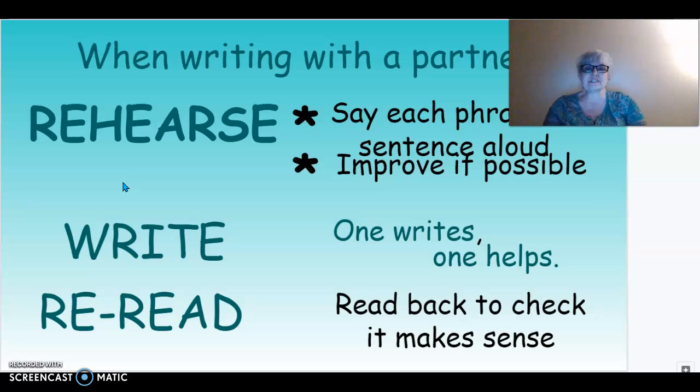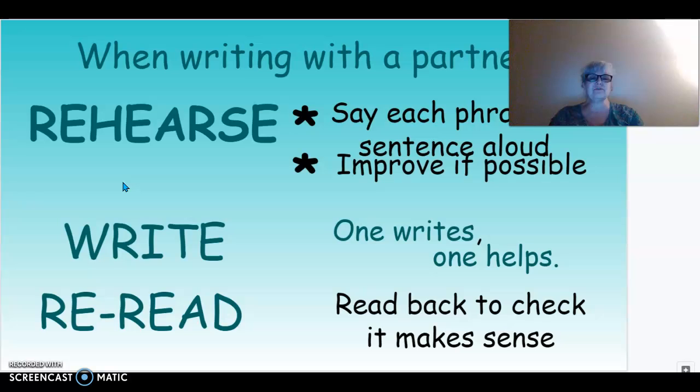So first I might say, birds are intelligent, okay? But I want to improve it, so I might say something like, birds are extremely intelligent because they can be taught to talk. You know, like parrots, they can be taught to talk, okay? So something like that, all right?